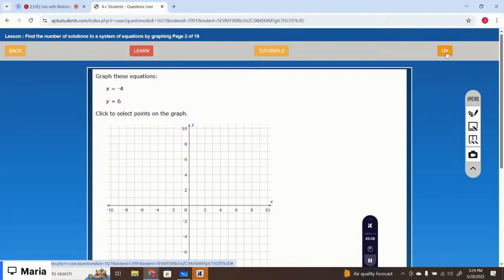Graph these equations: x equals negative 4 and y equals 6.